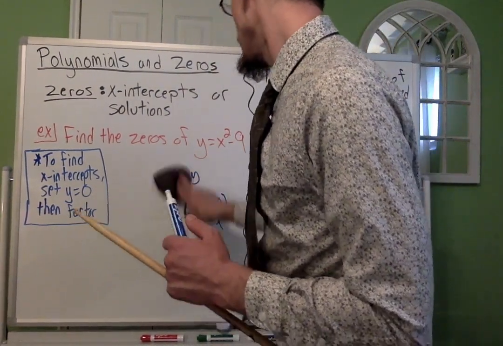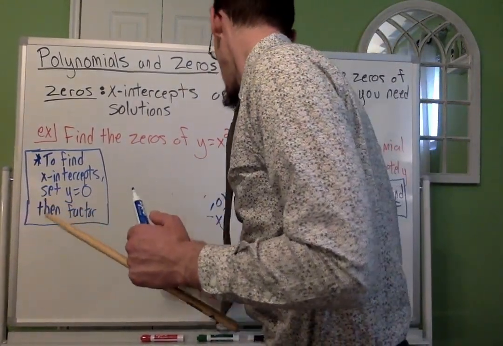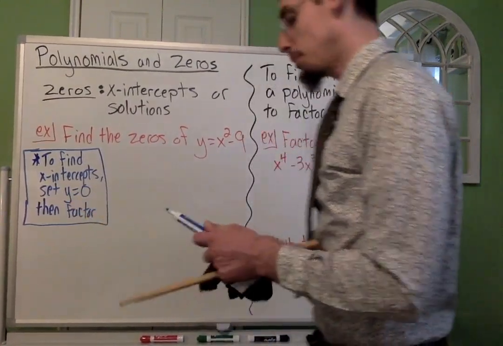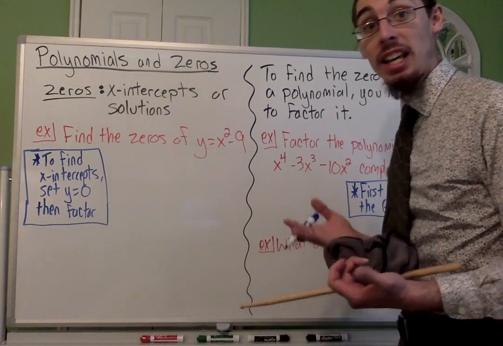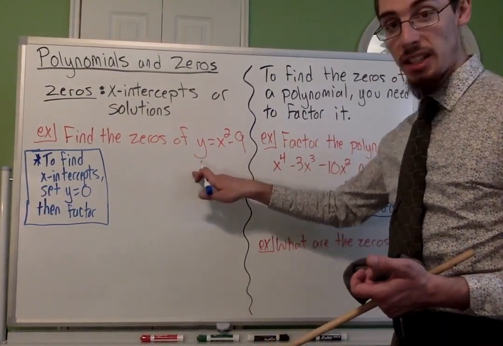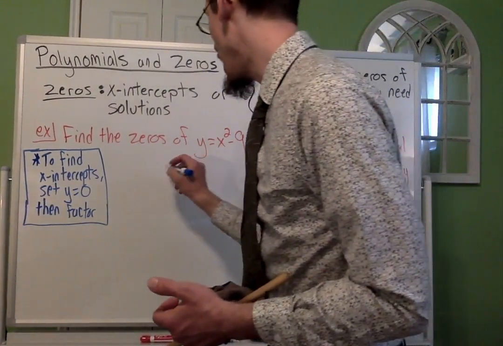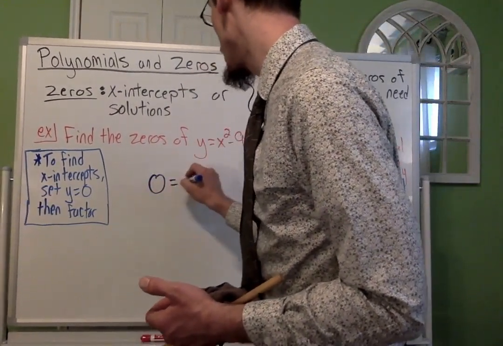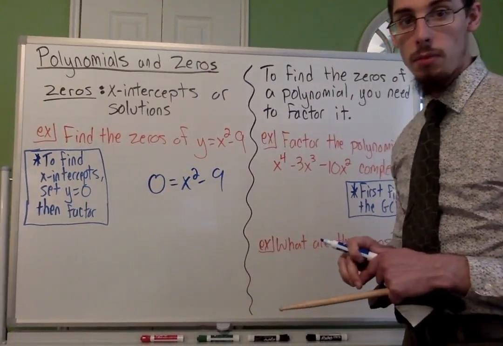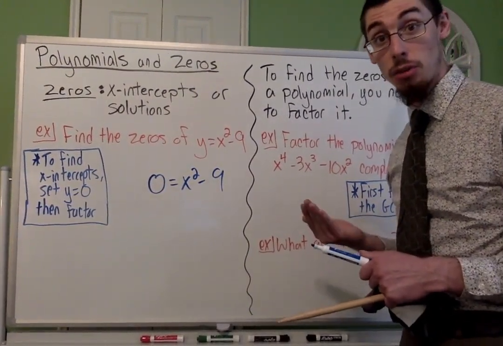So anyway, if my goal is to find zeros, then I need to make y equal 0. So all I have to do is literally take the y and I'll make it 0 equals x squared minus 9. This is how I'm going to find the zeros.